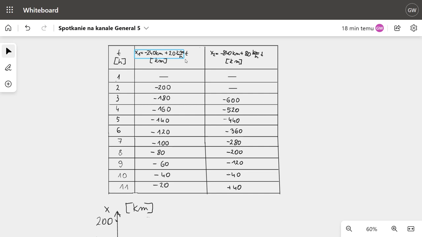And second car at 3 o'clock was in city B, so its coordinate of position equaled to minus 600 kilometers. Every hour, the coordinate of position of first car increased by 20 kilometers and second car by 80 kilometers. So we can add 20 here and 80 here.